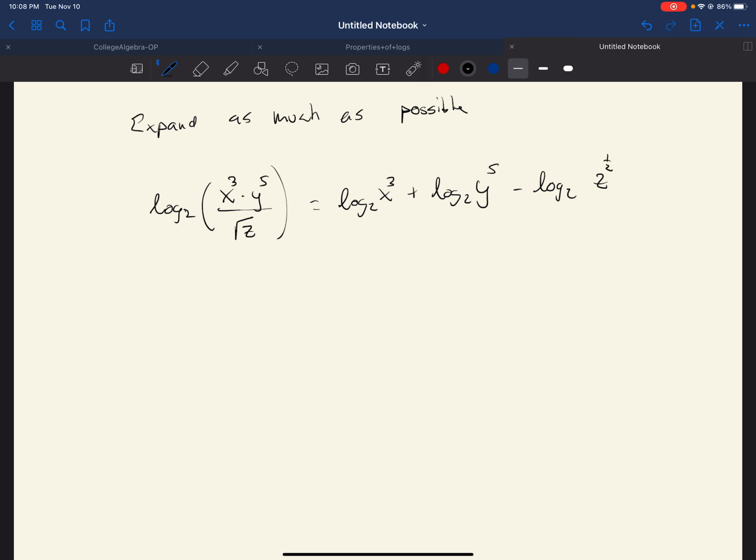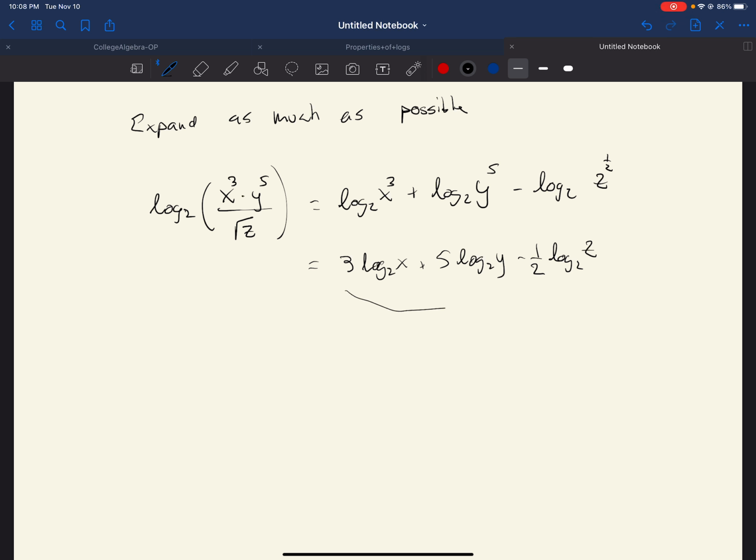I've told it to you, and so please know that the square root turned into the 1/2 power, and I'm doing that, my friends, because I'm getting ready to use that third property and drop all of those powers like they're hot. So we have 3 log base 2 of x plus 5 log base 2 of y minus 1/2 log base 2 of z.